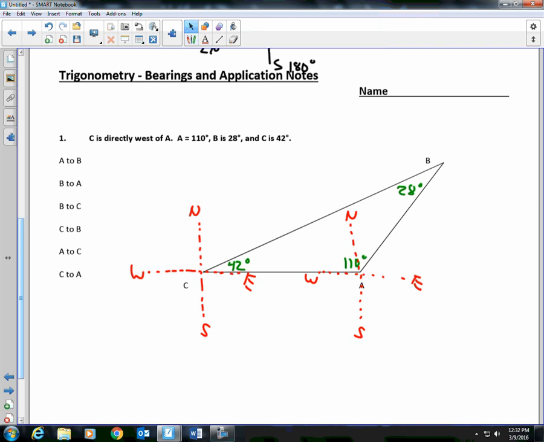I'm going to express my bearings two different ways. First of all, I will give it a standard number, and I will also give it a direction bearing.